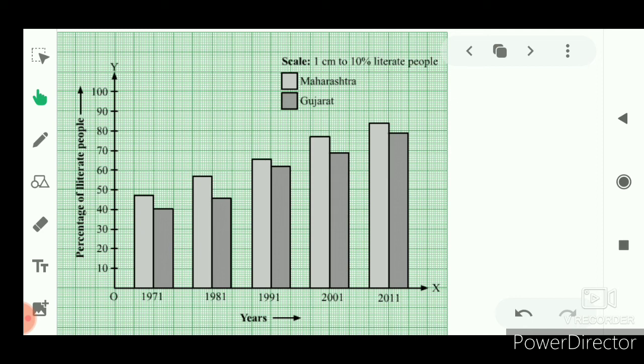First of all, let's make two different symbols or two different designs for the two states. For Maharashtra we have taken the light gray color, for Gujarat we have taken the dark gray color. Also we have to mention the scale for the variable axis. The scale for the y-axis is 1 centimeter equals 10% literate people.